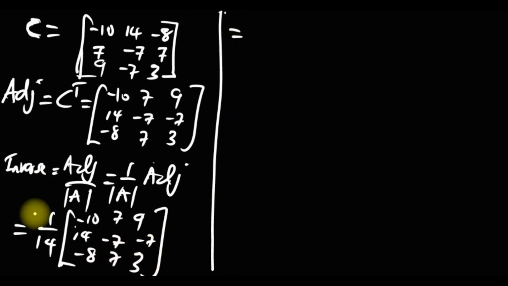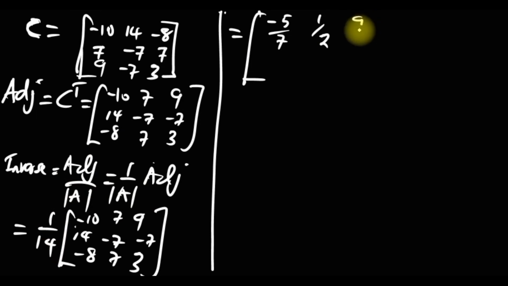So this scalar multiplication will multiply each entry by that. So this times that is minus 5 over 7. This times this is half. This times that is 9 over 14. The next one, this times this is 1.